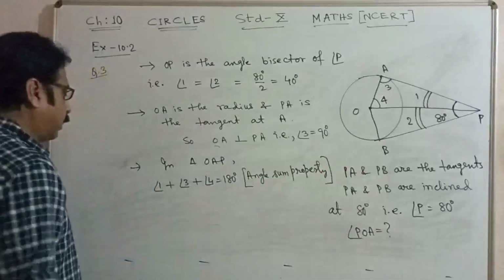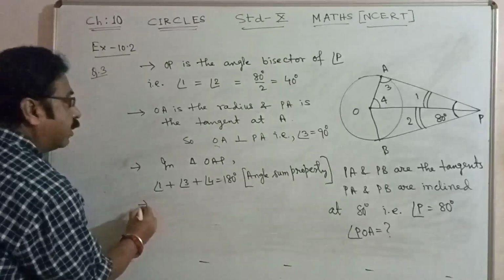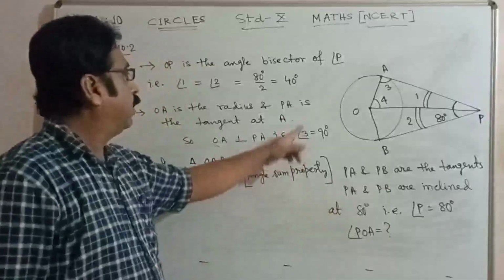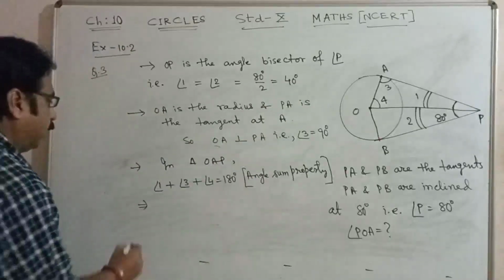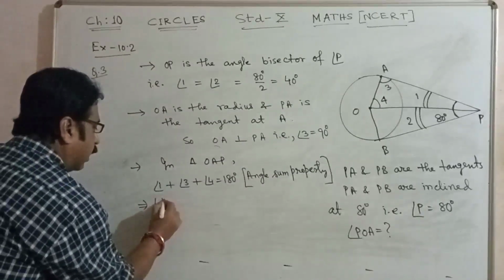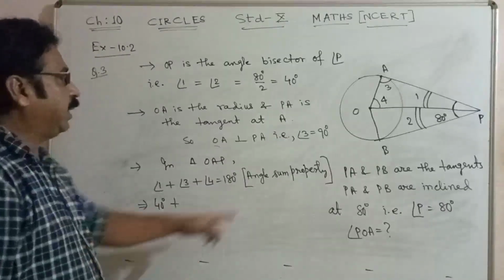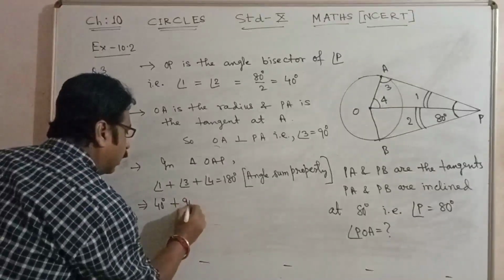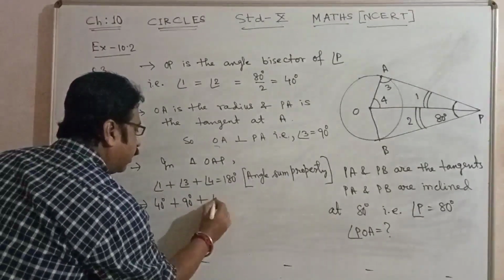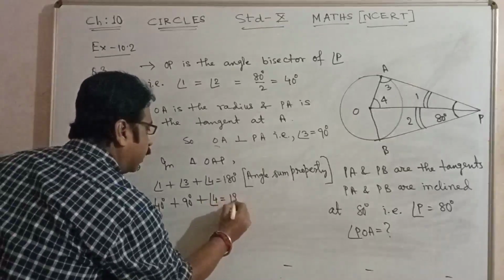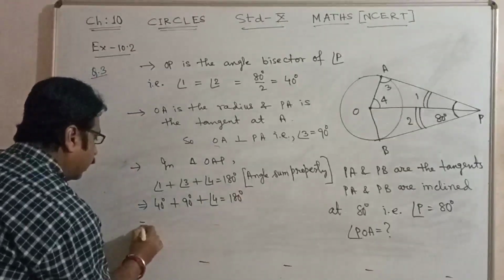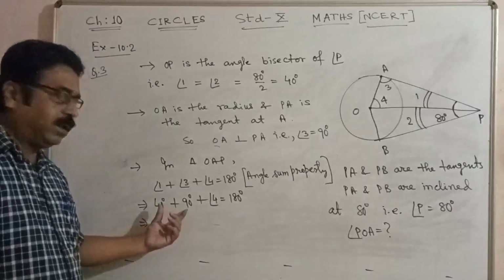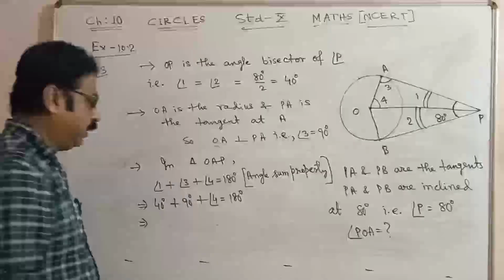Put the values. Angle 1 we got 40 degree. Angle 3 we got 90 degree. Angle 4 we have to calculate. 90 degree plus 40 degree is 130 degree.